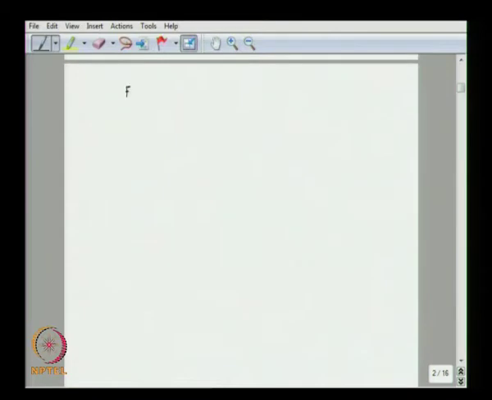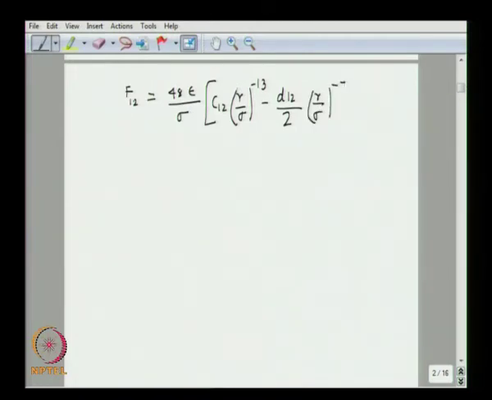So the force expression for the intermolecular force between 2 molecules 1 and 2 can be correctly written as 48 into epsilon divided by sigma into C12 into r over sigma to the power minus 13 minus D12 divided by 2 into r divided by sigma to the power minus 7.